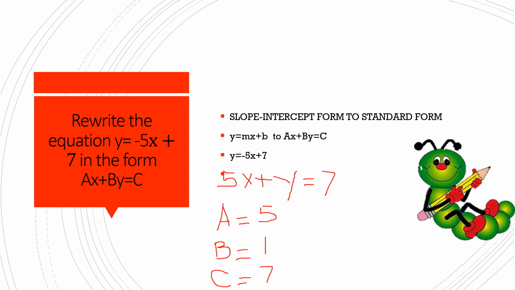Okay? That's great. Okay, so what if the given is y is equal to 2/3 x plus 2. We will change this to standard form ax plus by equals c.